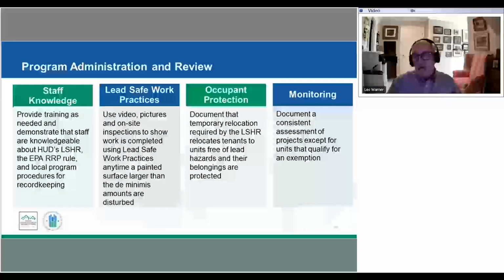And that includes, as we talked about, occupant protections. So really key on the front end of each of these undertakings is to determine: can that tenant continue to occupy that unit?